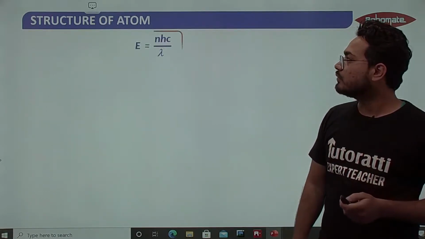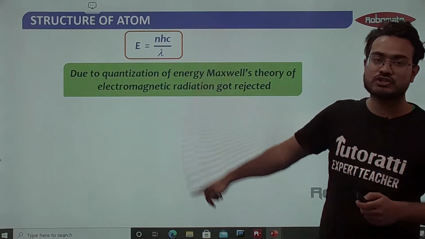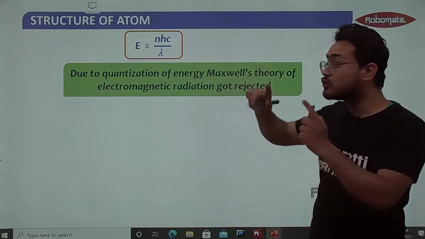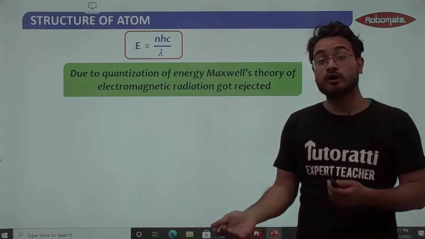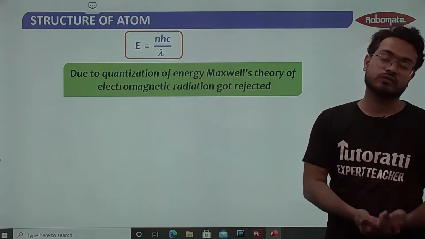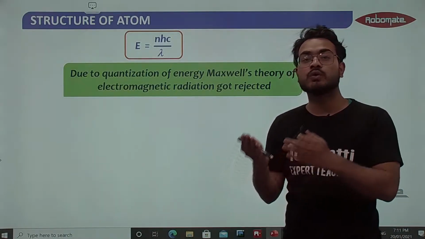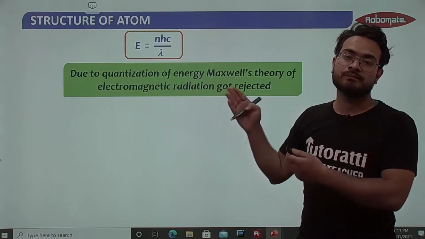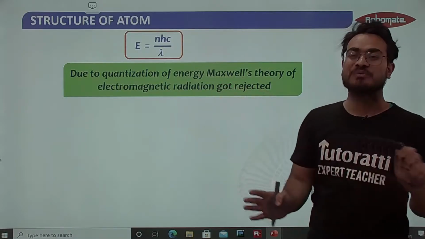And now let's revise. n hc by lambda: due to quantization, Maxwell's theory got disproved. According to Maxwell, the wavelength will not change, frequency will not change, only the intensity will change. How can you change intensity without changing nu or lambda? That is how Maxwell got disproved.